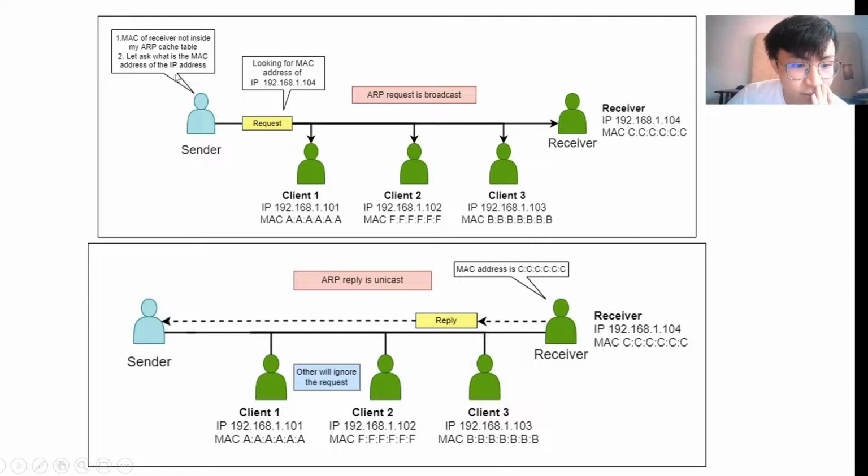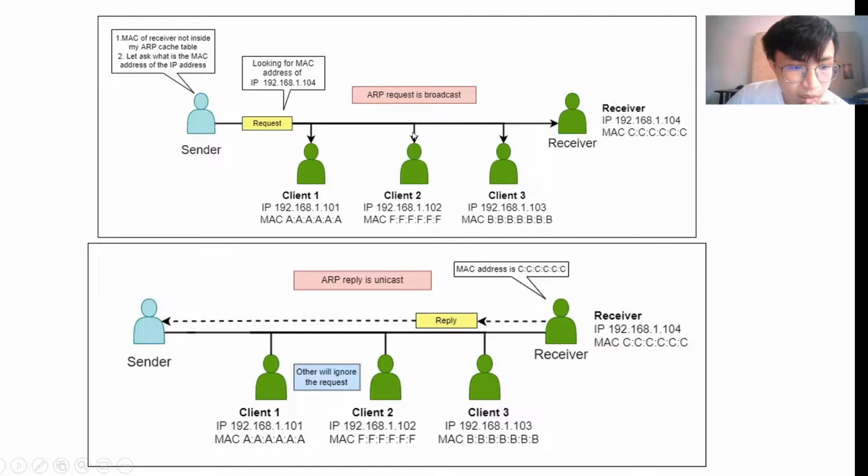So for example, when incoming frames arrive at the gateway, it tries to find the MAC address associated with the destination IP using its own ARP cache table. If that fails, the gateway will broadcast an ARP request containing the IP address of the destination device to all devices in the subnet, like this.